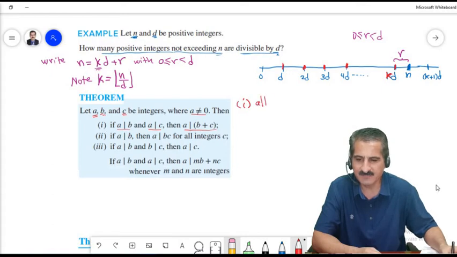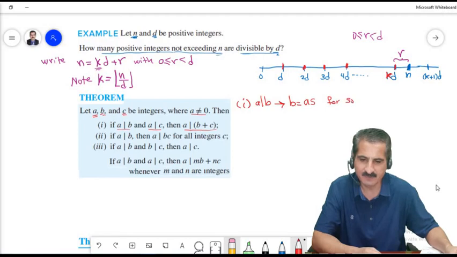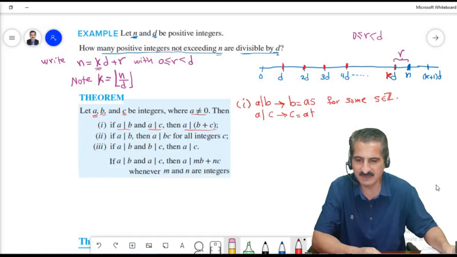a divides b means b equals a times s for some integer s. This is the definition of divisibility we have just seen. Also, a divides c means c equals a times t for some t belonging to Z. Now we want a to divide b plus c.